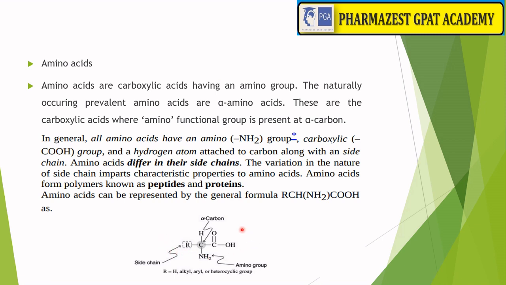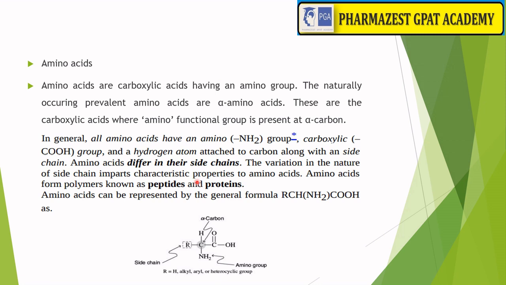We can take this entire moiety as a parent atom, and the substitution of this R group by various side chains of aliphatic or aromatic carbon atoms results in the formation of various amino acids. The variation in the nature of the side chain imparts characteristic properties to amino acids.